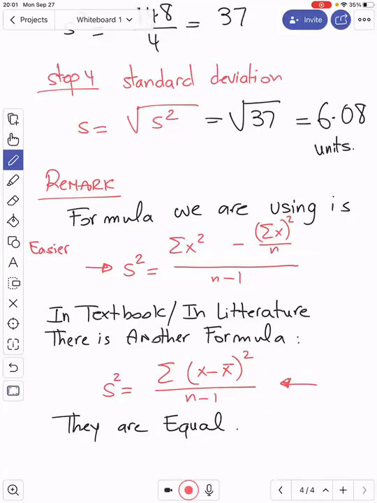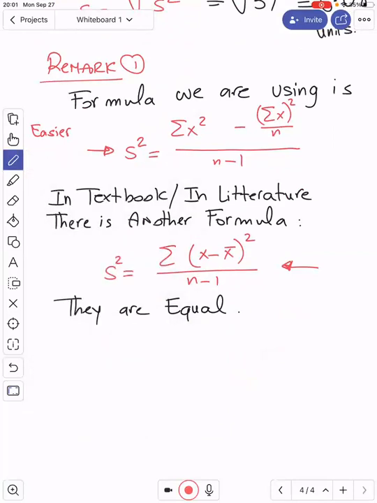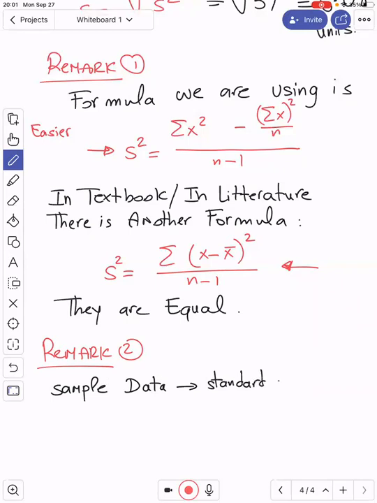Another thing about the notation. So this is remark number 1. Remark number 2: for the sample data, the standard deviation is denoted by S. For the population data, the standard deviation is denoted by sigma.